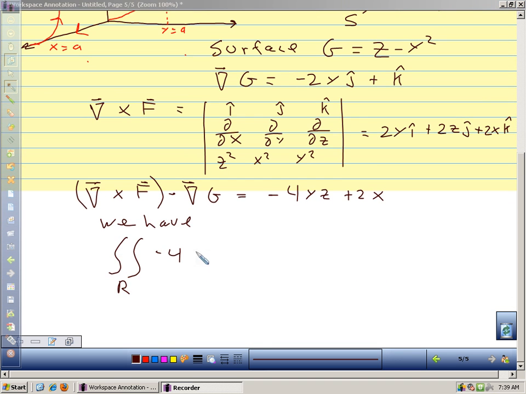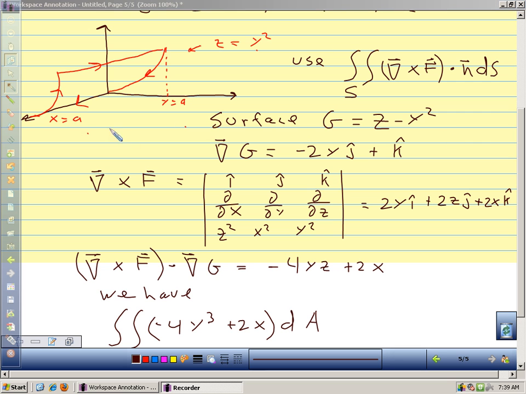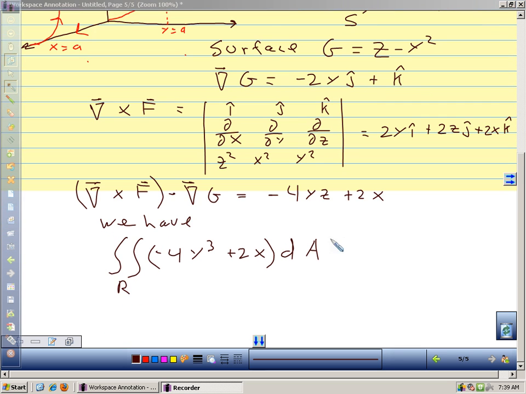So we get minus 4y cubed plus 2x dA. And our region in the xy plane is a nice square, so our limits on our integrals are very nice.